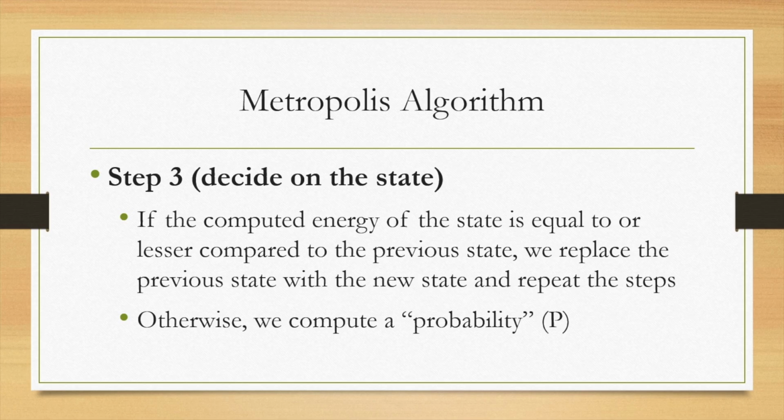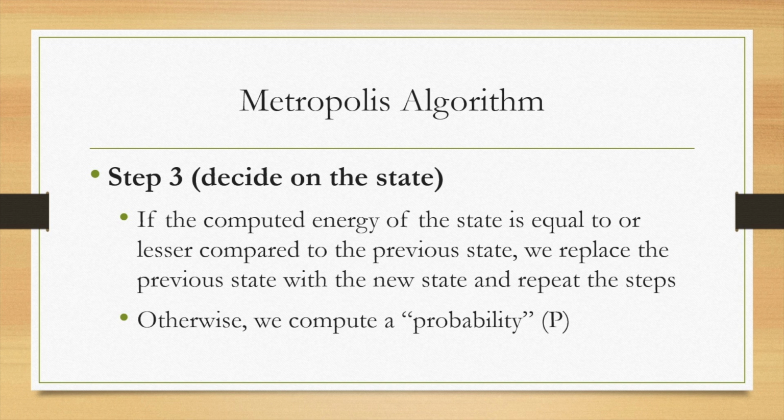And in step 3, we decide what to do with the computed new state. If the computed energy of the new state is equal to or lesser compared to the previous state, we replace the previous state with the new state, because we are moving towards a lower energy state, and repeat the steps.